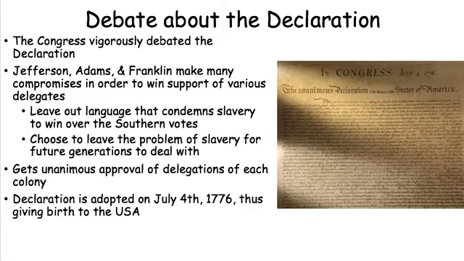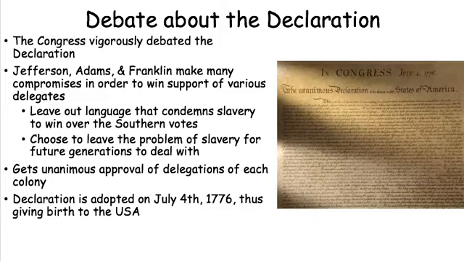Well, the Southerners who owned slaves weren't willing to sign on to the Declaration with that. And they leave the problem of slavery for future generations to deal with. Jefferson himself, the man who writes the words that all men are created equal, will keep slavery as part of his life for the rest of his life. He will own slaves. Even though he writes about how he feels that is an abomination, he won't give up slavery himself and leaves it for future generations to deal with.